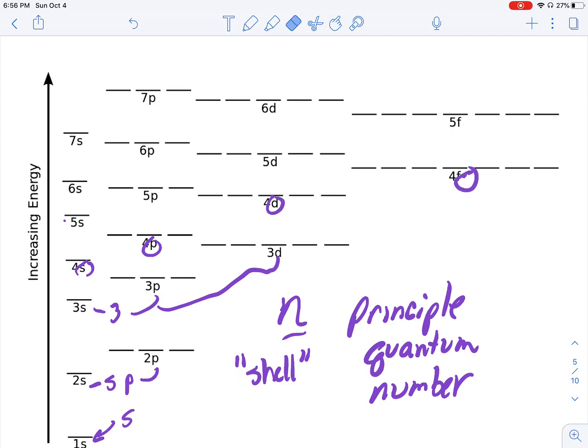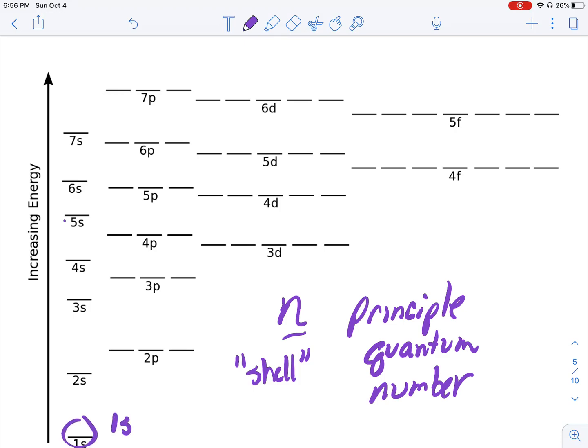And we'll kind of look at how this all fits together later on. But basically, an S always comes before a P, a P always comes before a D, and an F always comes after the D. So S, P, D, F. So you see we go 1S, whoops, lost my pen. 1S comes first. Then as we're moving up, 2S, 2P, 3S, 3P. But notice what happens right here. This is where Bohr's model falls apart.